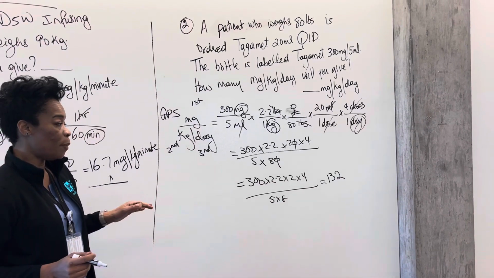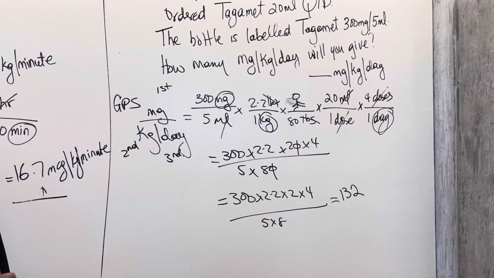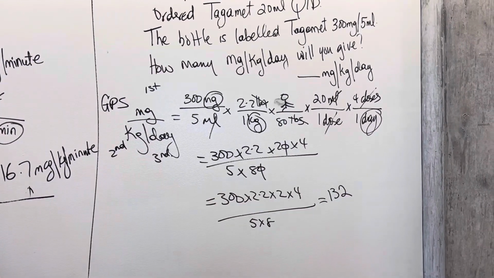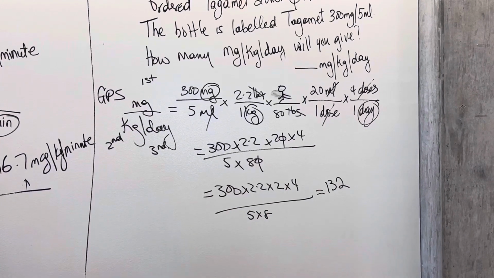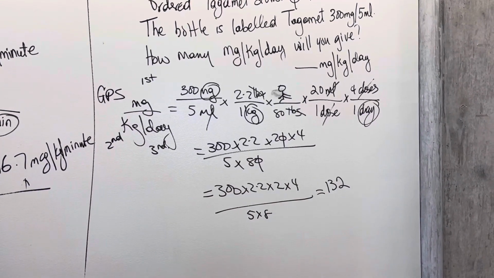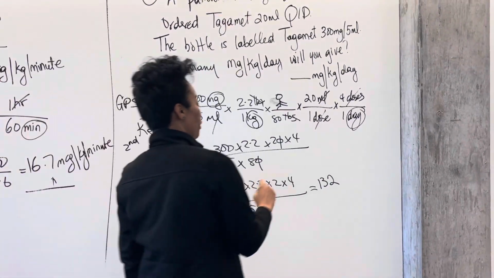All right, check it one more time for me. So that is 300 times 2.2 times 2 times 4 divided by 5 divided by 8. That's a good one. 132 milligrams per kilogram per day.